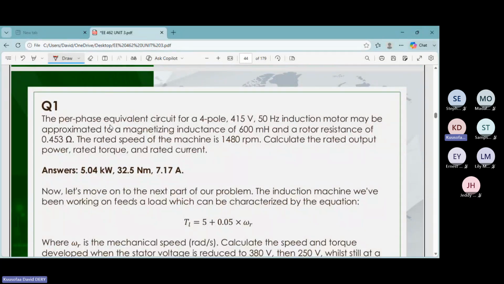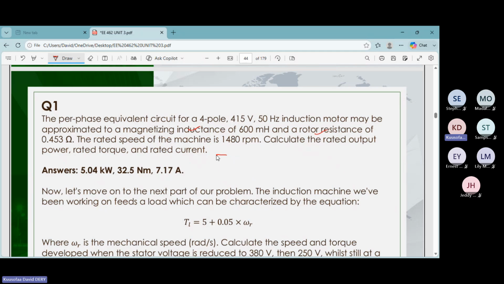So we've been given the model of the per phase equivalent circuit. We are told that we should neglect everything except the magnetizing inductance and the rotor resistance. That means the stator inductance, stator resistance, and rotor inductance will be neglected.